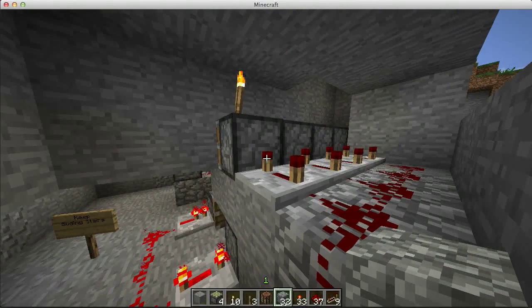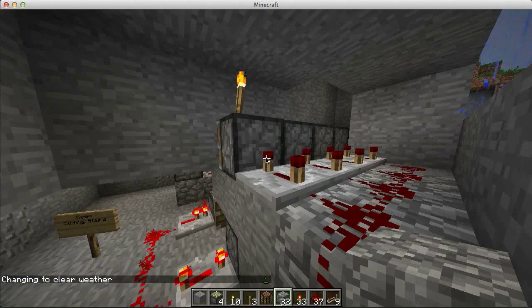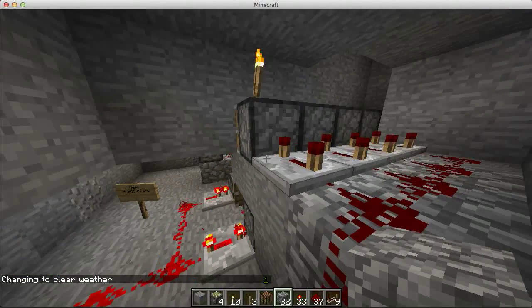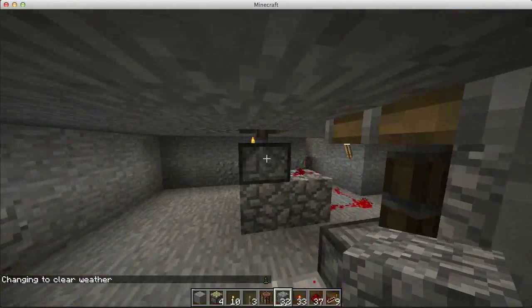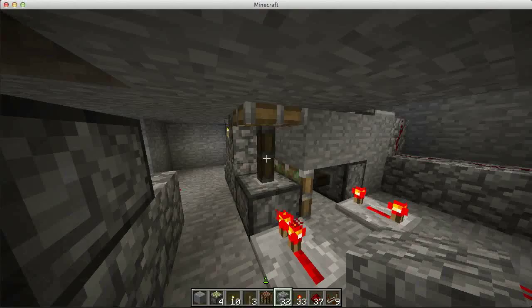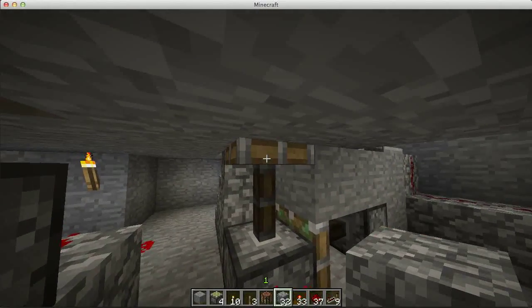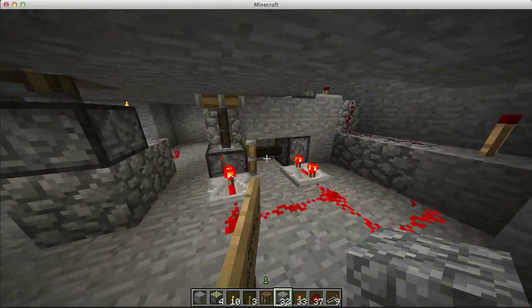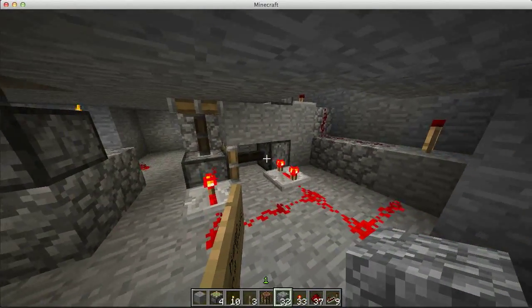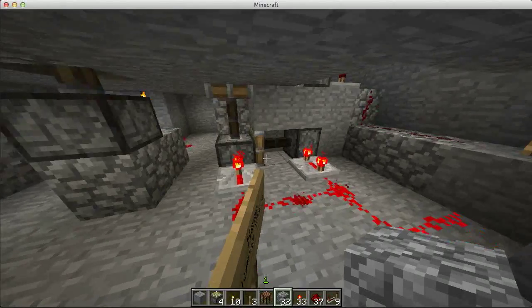So this is the top floor, and these are just sticky pistons that push the floor in. And this is a sticky piston that moves the stairwell up. Now you might have noticed this other piston here. That is what gives the timing, so that everything's all nice and happy like.